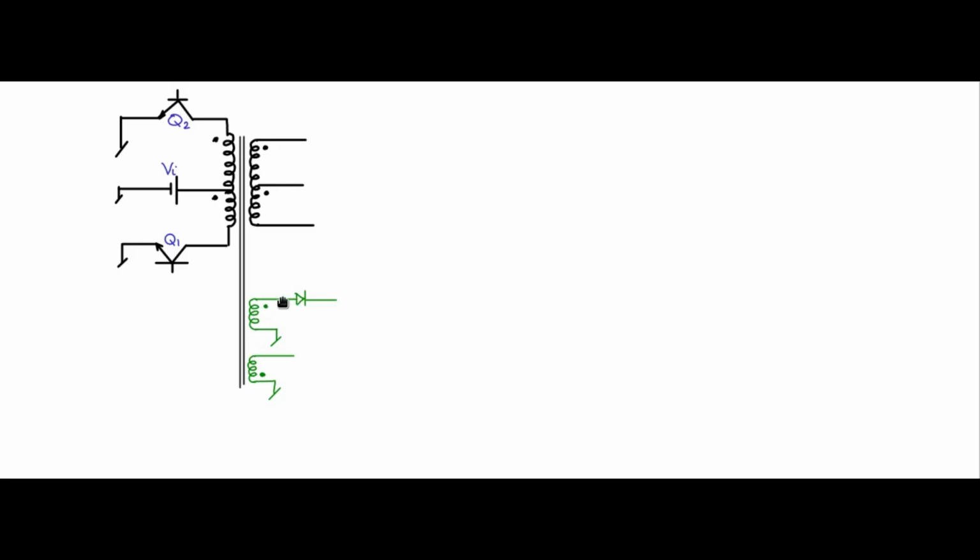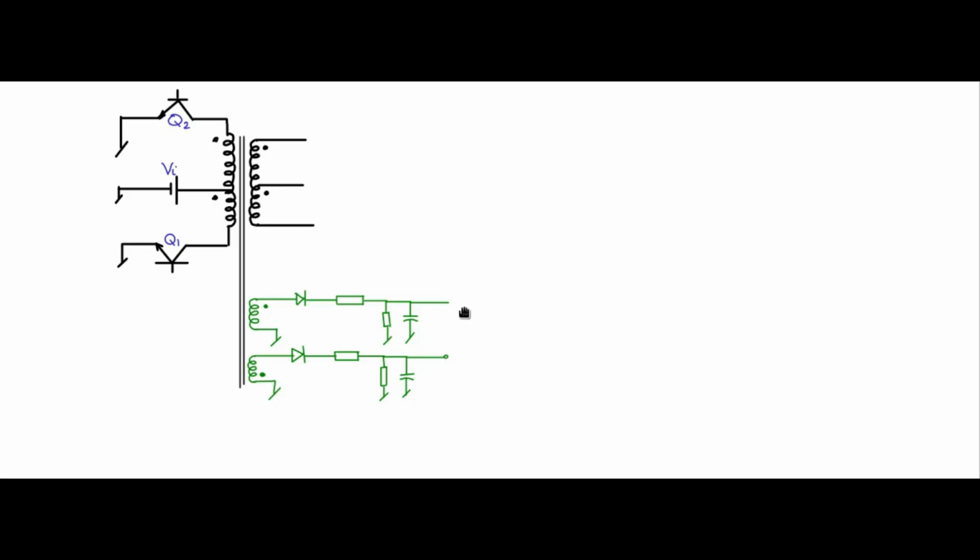It clips and takes only the positive part of the pulse across the primary and finds an average. So basically I am trying to find the volt second. So this will find the average. This is an averaging circuit, RC. I am putting a simple averager. I could also use an op-amp averager to get better precision. And then for the other winding also I am clipping and then putting the RC averaging circuit.